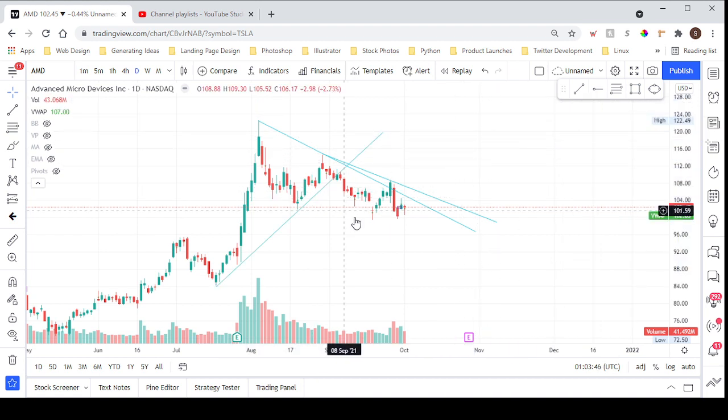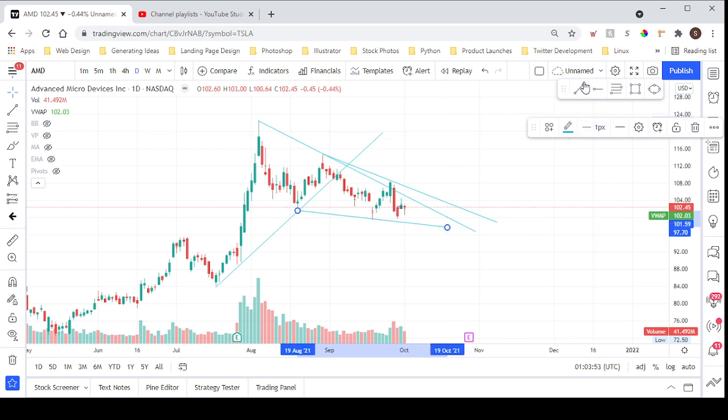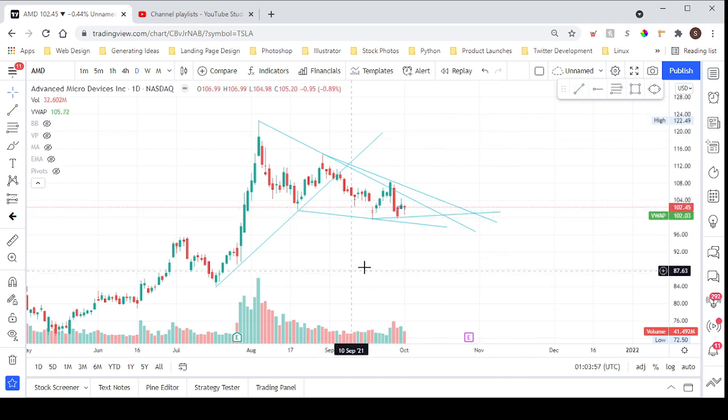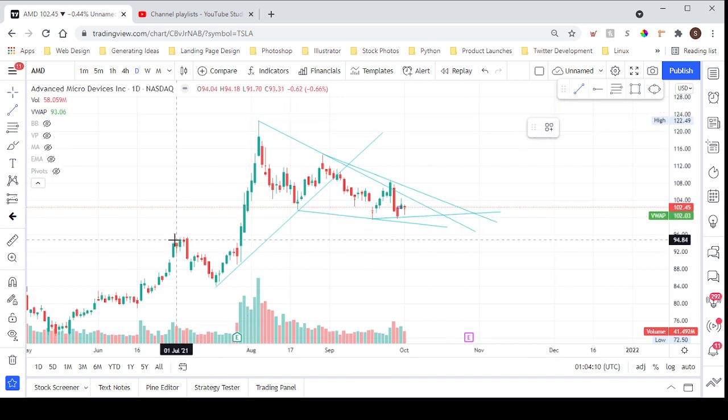Okay, that's fine. So here I'm going to connect this point and this point. So you want to mark these charts up as much as possible. So you can see this triangle that it's going into here. It's at the bottom. It's not a high probability place for me.